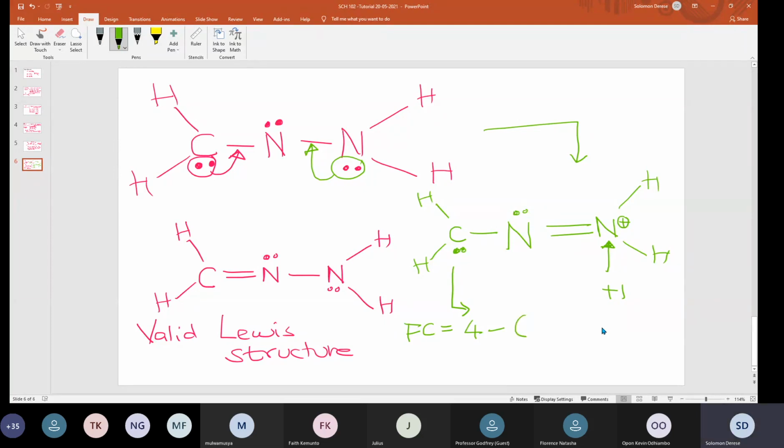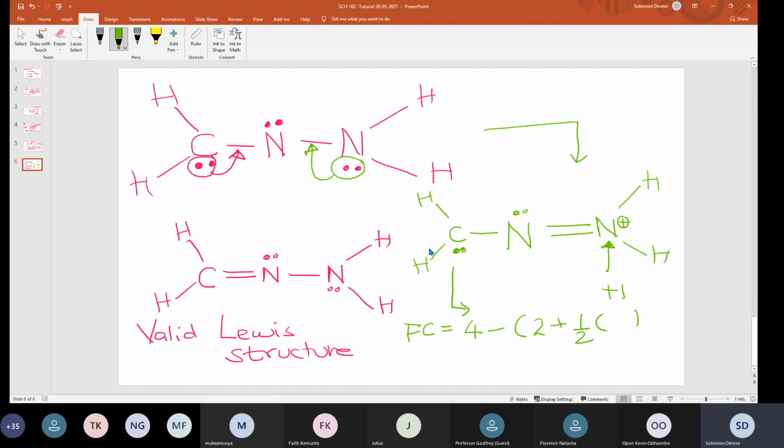Okay, how many lone pair of electrons do we see on the carbon? We see 2, plus half of the bonding electrons. In the carbon, we have 1, 2, 3 bonds, and each of the bonds is a result of overlap of 2 electrons.